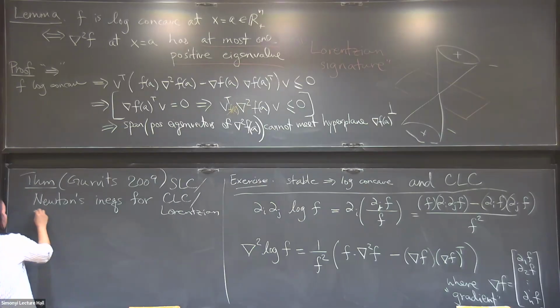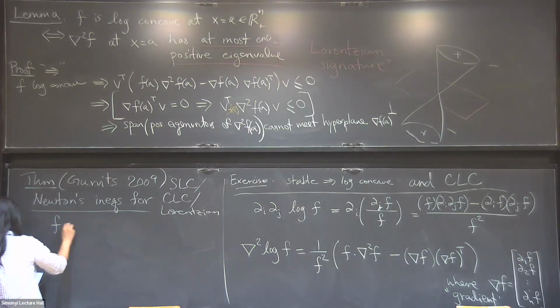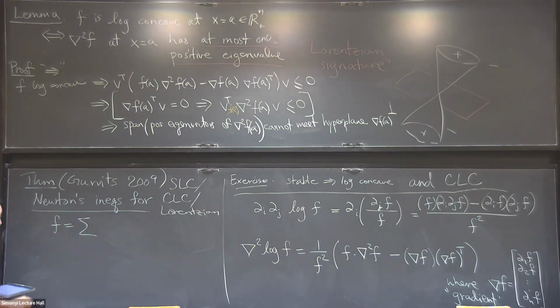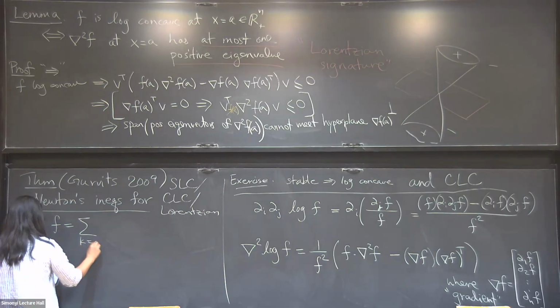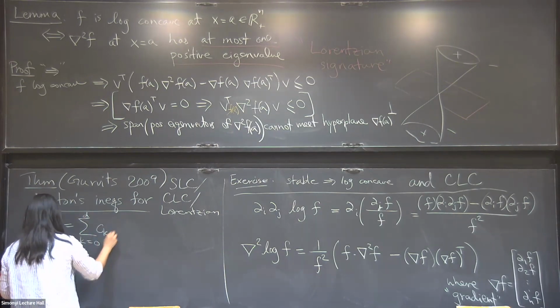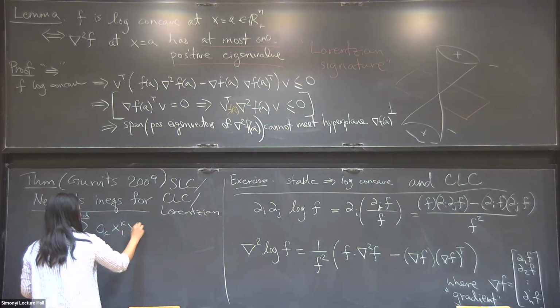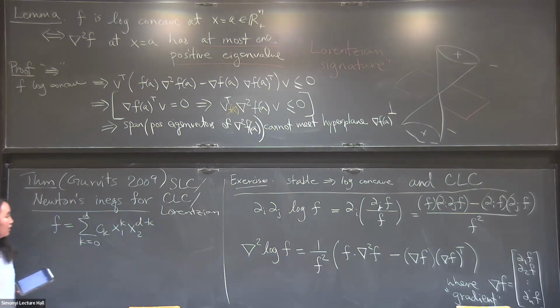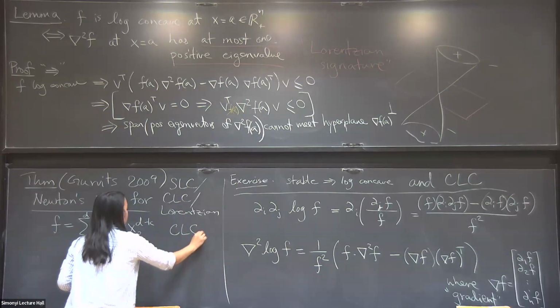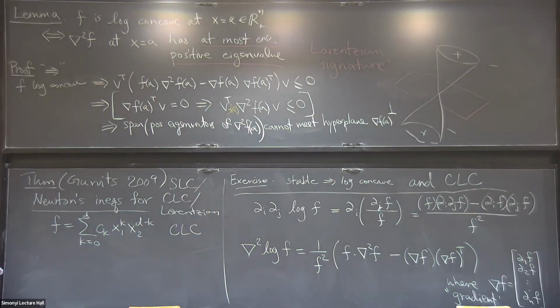So what it says is that if F is a homogeneous polynomial of degree d in two variables, so that we can talk about a sequence of coefficients, and it is completely log-concave, strongly log-concave, or Lorentzian, if any of these equivalent conditions are true, then its coefficients satisfy ultra-log-concavity conditions.